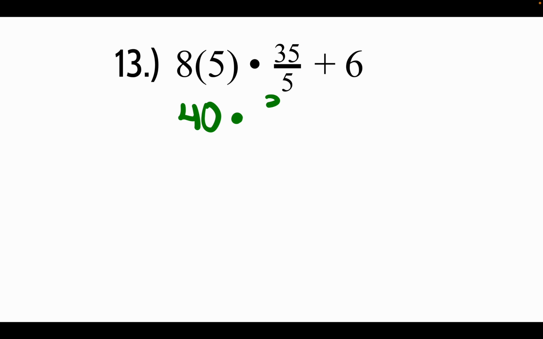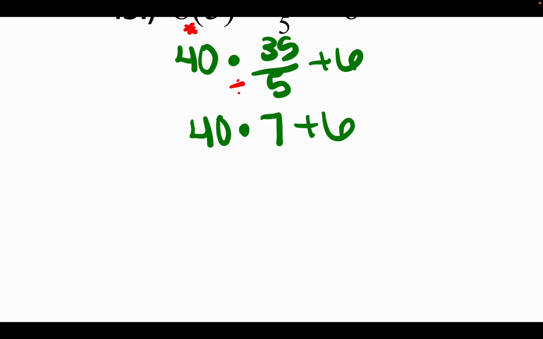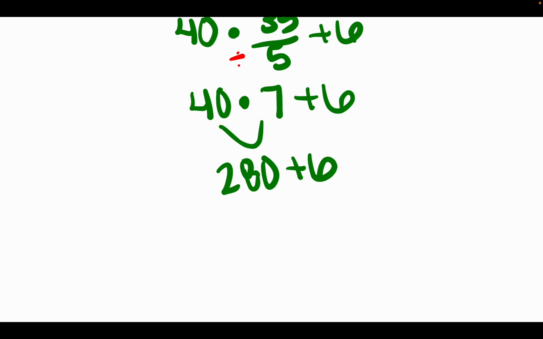Well, remember, that's our division symbol. Okay, so we have 40 times 7, okay? So this is like dividing, that's that fraction bar, and this one is multiplying. Times 7, and then plus 6. Then 40 times 7 is 280. Plus 6, 280 plus 6 is 286.